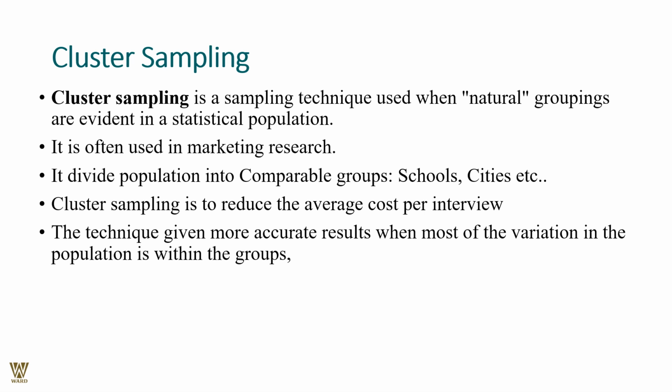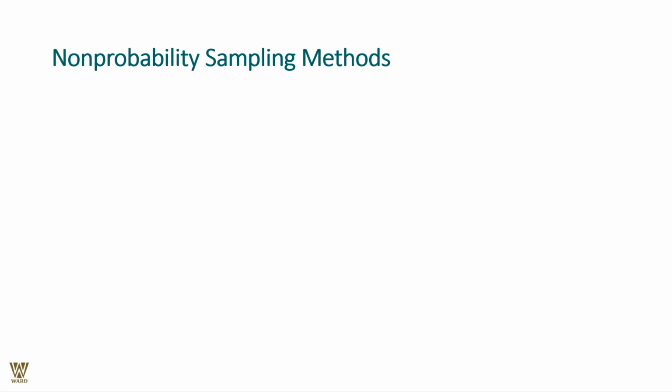It is often used in marketing research, divides the population into comparable groups, schools, cities, etc. Cluster sampling is to reduce the average cost per unit. The technique gives more accurate results when most of the variation in the population is within the group, as the case might be. And that is what cluster sampling is all about.